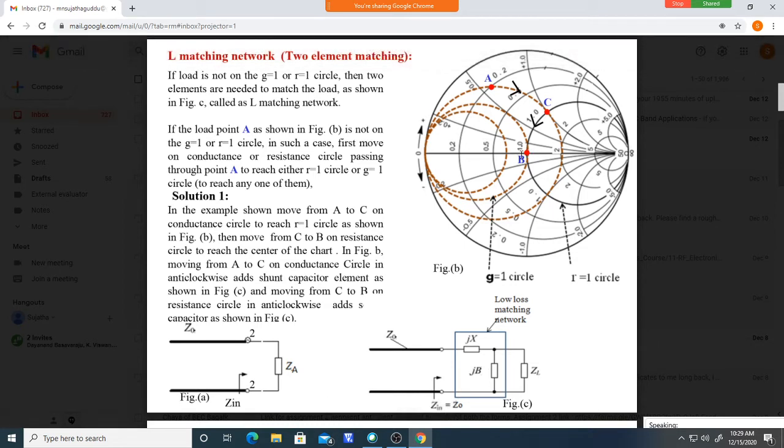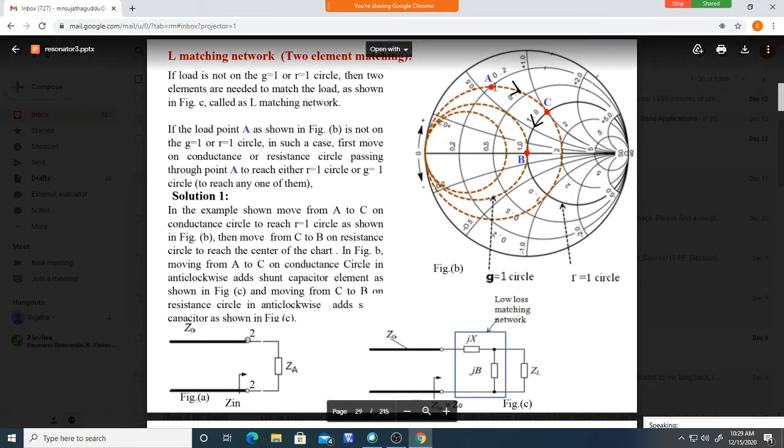To move to this point, what you can do, you should move over either a resistance circle from here or over a conductance circle. See, from this position, you should reach this position only by moving on a resistance circle passing through this point or a conductance circle passing through this point.